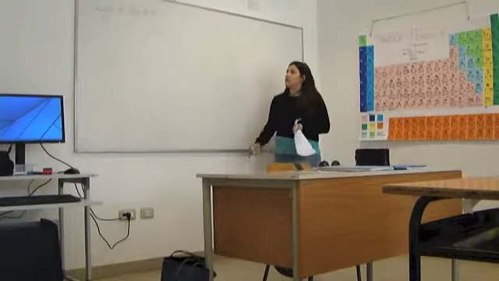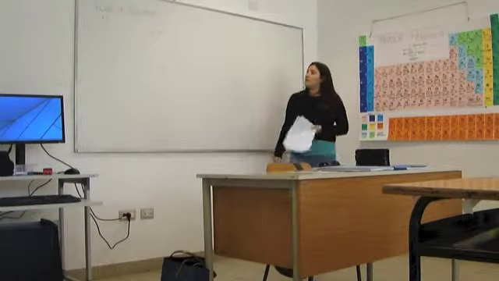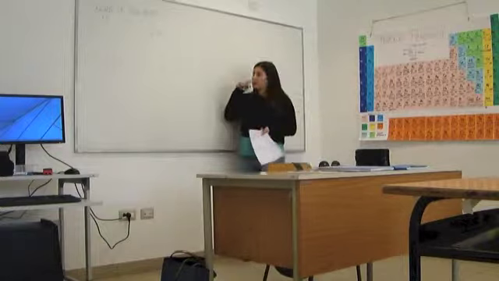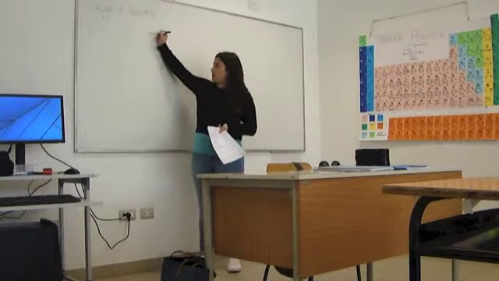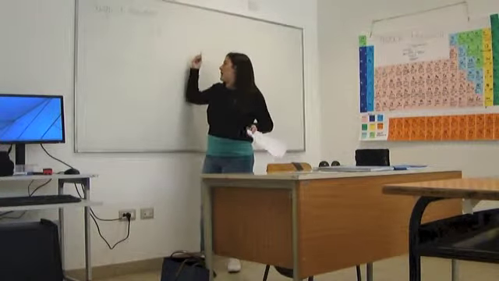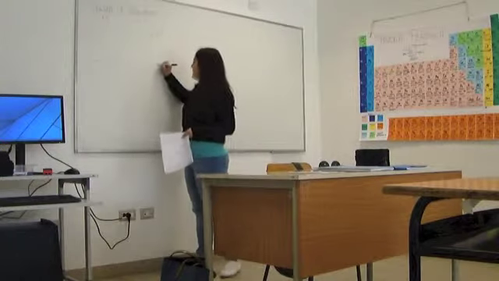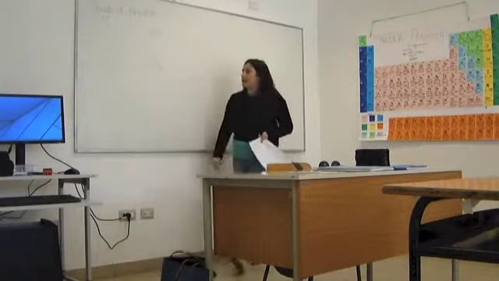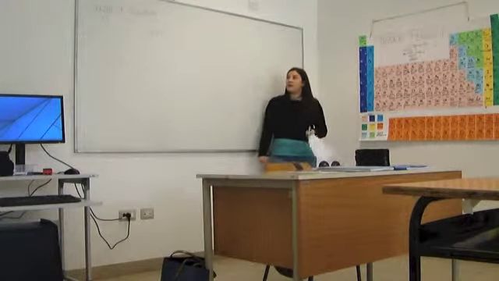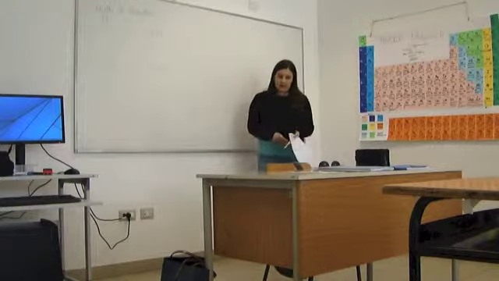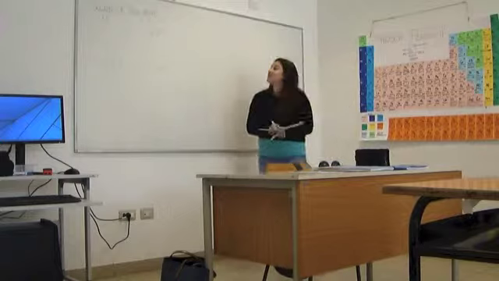Given a function f of x, we can calculate the volume generated by the revolution of this function around the x-axis by two methods. The first one is called the disk method. It's the one that you guys know.